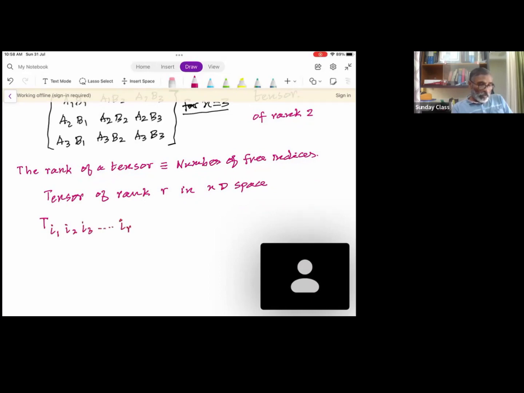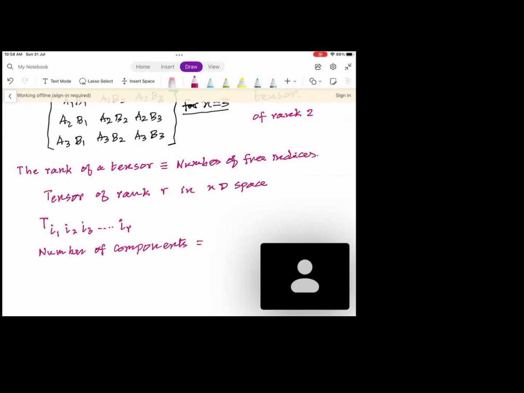There are R free indices, so this is a tensor of rank R. What is the number of components of this tensor? Can you figure out the number of components?